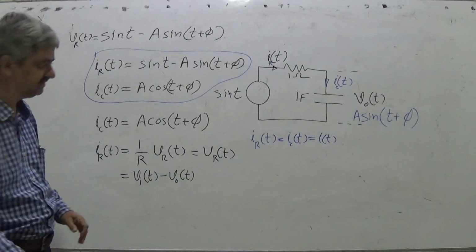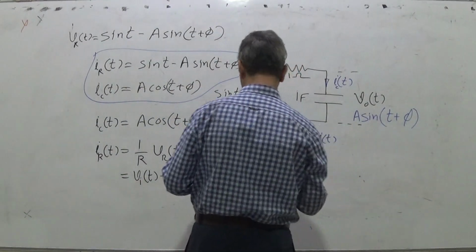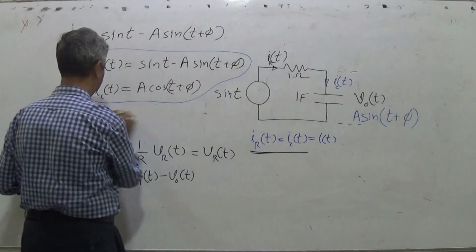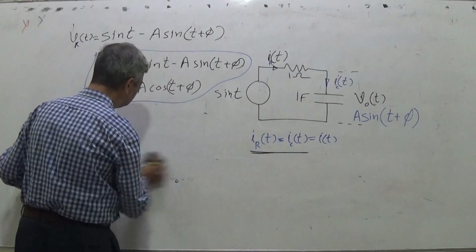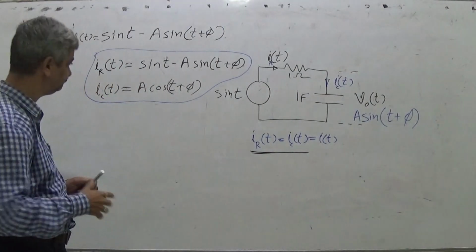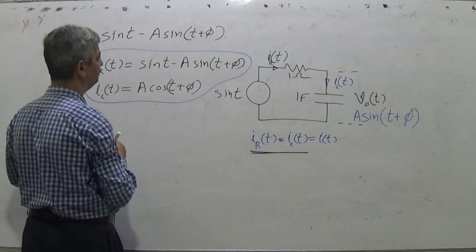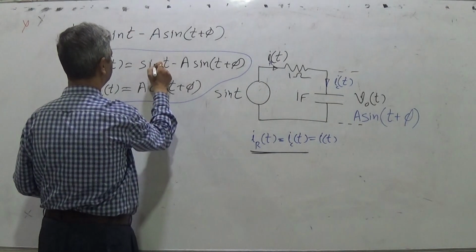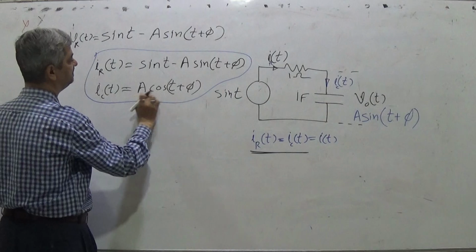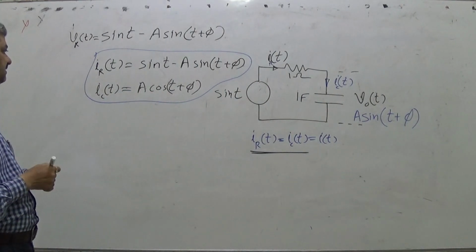Since it is a series circuit, iR(t) is equal to iC(t). So you have to write this equality now: iR(t) is sin t minus A sin(t + φ), and iC(t) is A cos(t + φ).